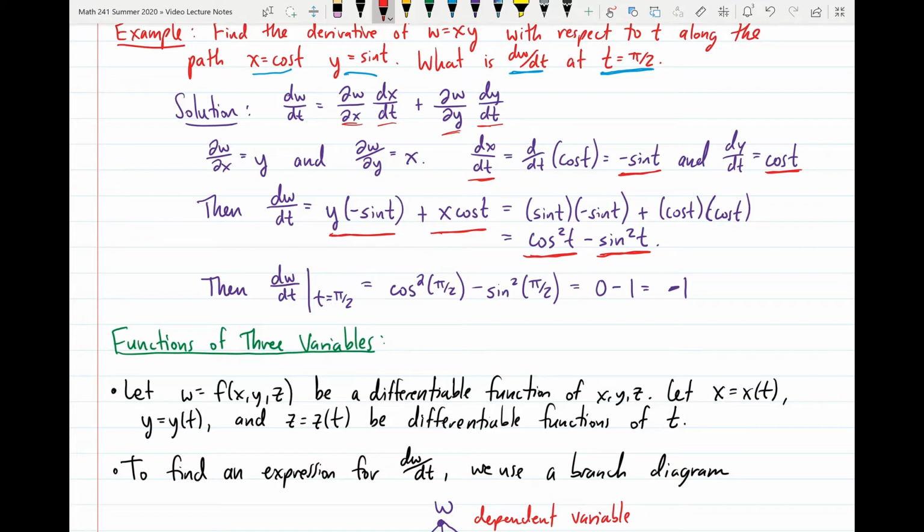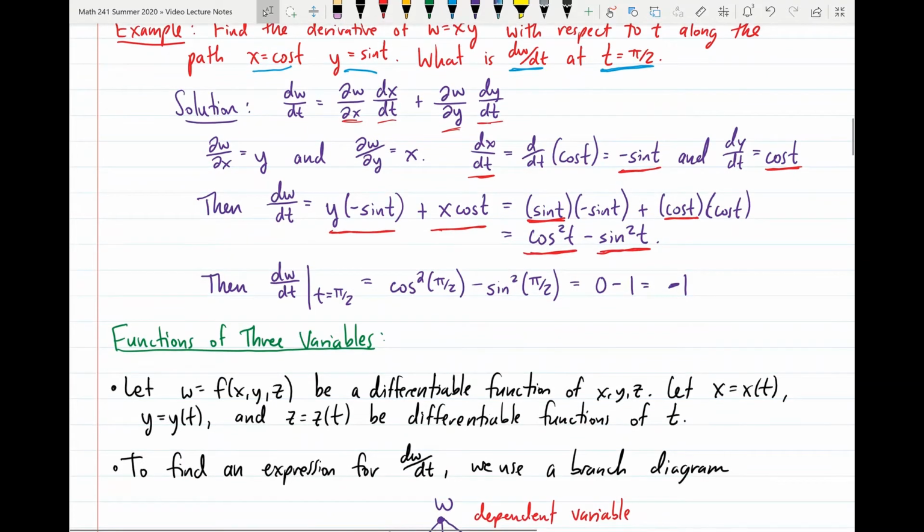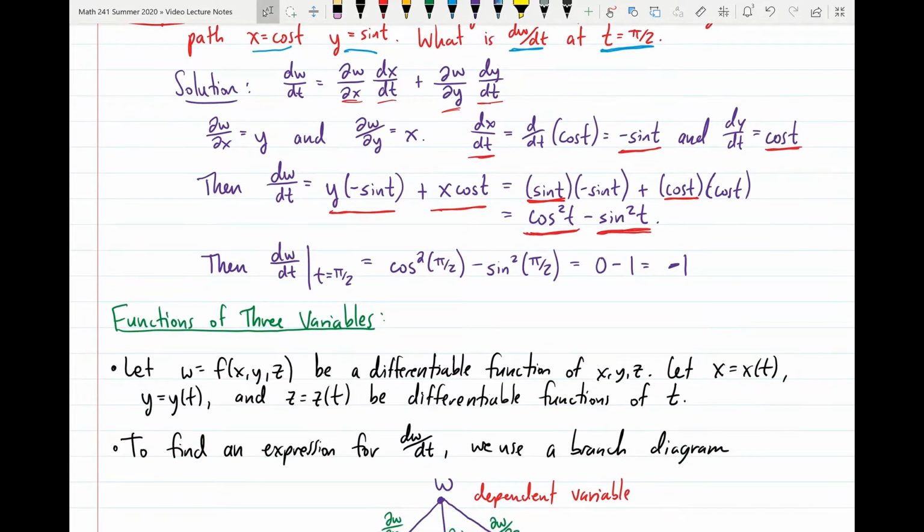What we want to do is substitute for whatever y's and x's we have in that equation. So notice that we substitute y with sine of t. We substitute x with cosine of t. The reason being that we want to get the derivative of w with respect to t solely in terms of the variable t. So we get it down to cosine squared t minus sine squared t.